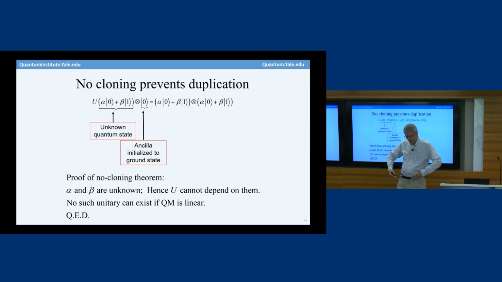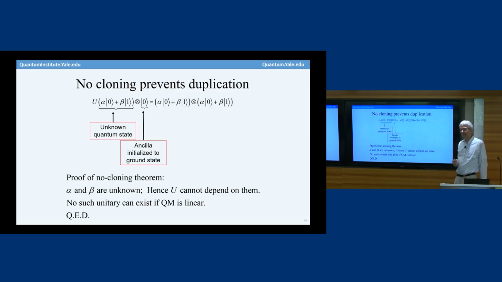Then I'm going to do some unitary circuit with CNOTs and Toffolis or whatever gates, and I want to take this state and copy it into an ancilla that's initially in 0. So I want to go from here to here.